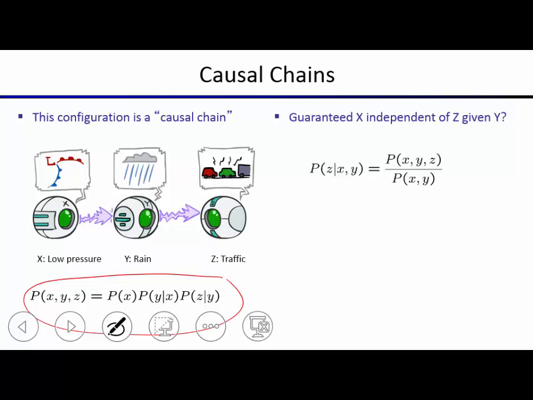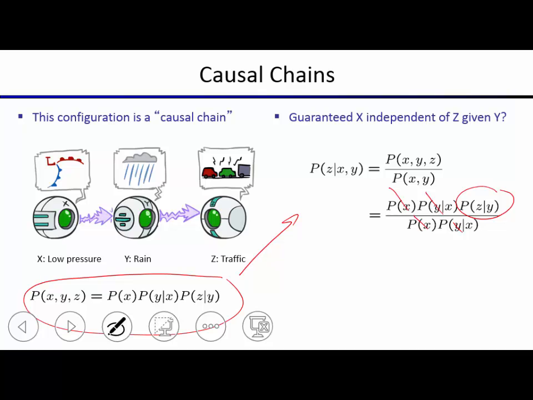Well, we can do some mathematics using the expressions we have here. We fill in this thing, then we do some simplification, and we're left with just Z given Y. So we just showed that Z is independent of X given Y. We proved it from the expression we have.